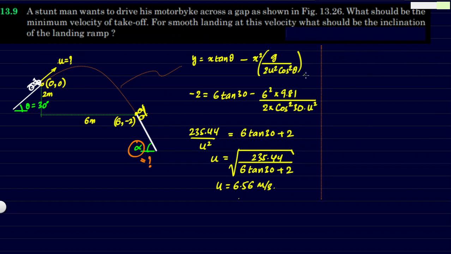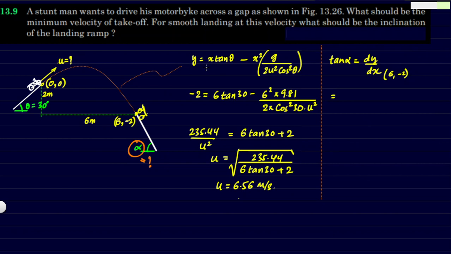This is going to be easily possible with the help of differentiation. We all know that tan of the angle at any point is going to be equal to dy by dx. So if we are interested in finding alpha, then we need to find dy by dx from this equation, and then we need to just substitute the coordinates, that is 6 comma -2, into this. So let's go ahead and do that.